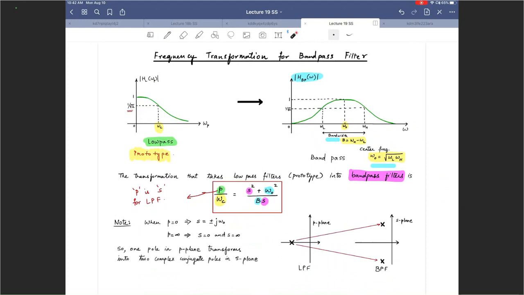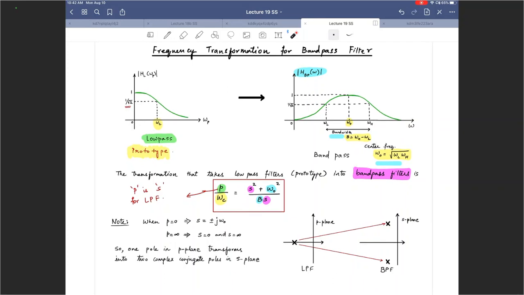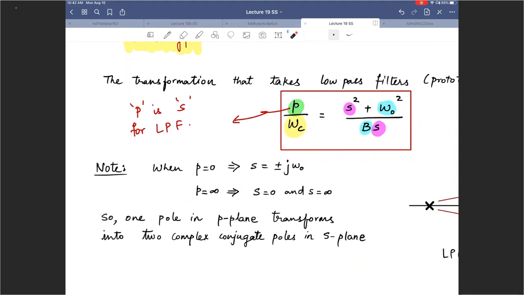So let's try to take a look at what happens to the poles when you do this frequency transformation. Now, clearly, let's substitute some extreme values of P. If you substitute P equals 0 in this transformation equation, you will get two values for S, plus and minus j omega naught, where omega naught is your center frequency of the bandpass filter.